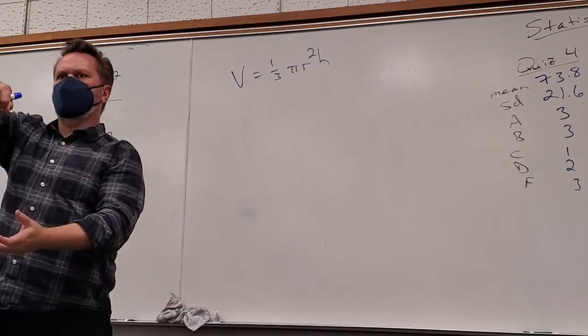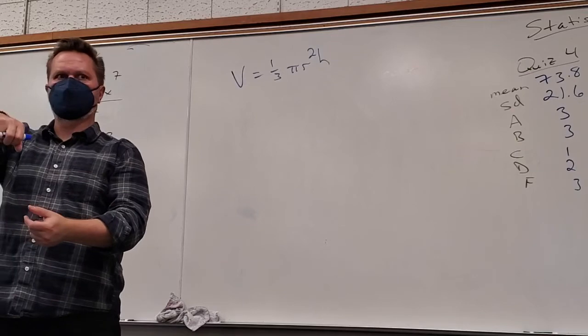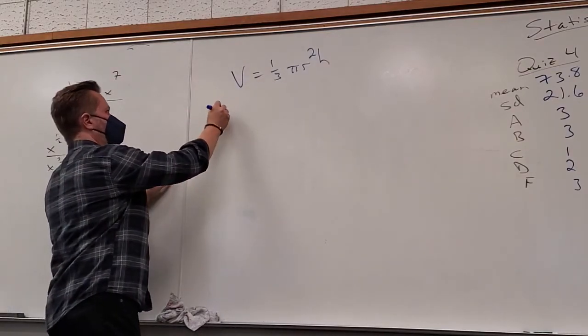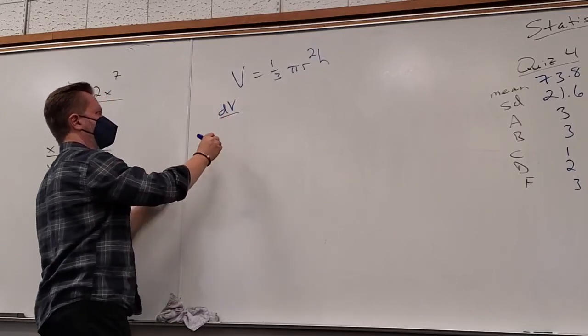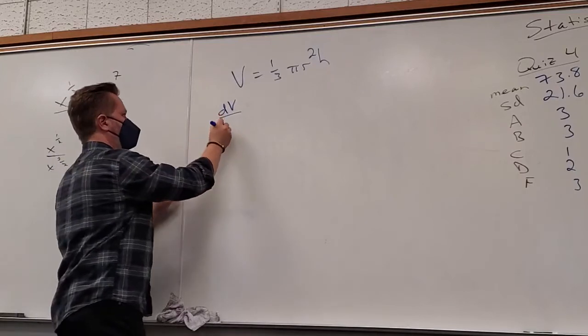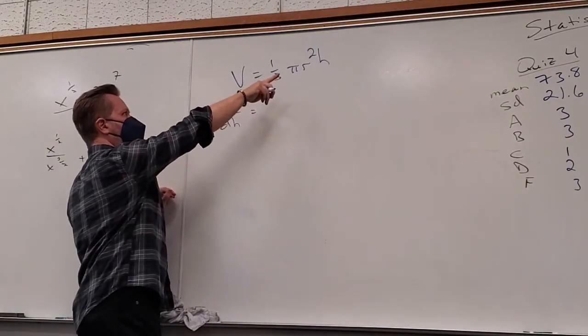So if I change the height, how much will the volume change is the question. But the radius is held the same. So what would that be then? dV, d what? dh. Yes, because I'm letting h change, not r. So it is just as easy as you would hope.